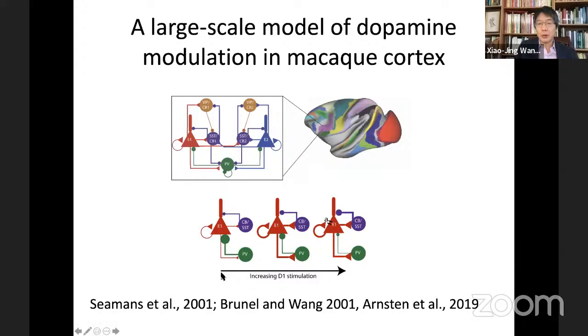We incorporated some other experimental observations, for example from Jeremy Seamans, showing that dopamine D1 enhances NMDA-mediated excitation, as well as GABA-A-mediated inhibition. And Amy Arnsten has some evidence that if dopamine modulation is too strong, you activate some potassium channels, which in fact reduces excitability of single neurons, leading to the so-called inverted U-shape dependence of dopamine modulation of working memory.